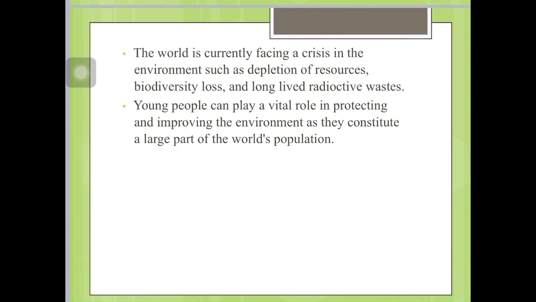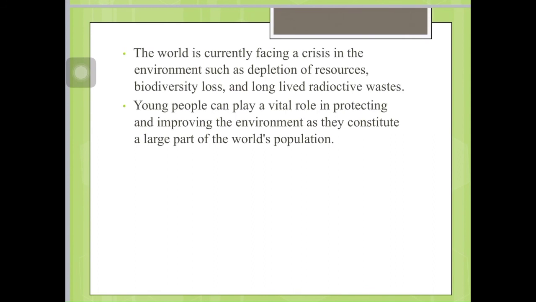So yun, sabi na nga na currently we are facing crisis in our environment, katulad nung sa mga bundok na nakakalbo dahil sa illegal logging. Tapos yung mga biodiversity loss, which is hindi lang tayo naapektuhan, pati na rin yung mga naninirahang animals doon.